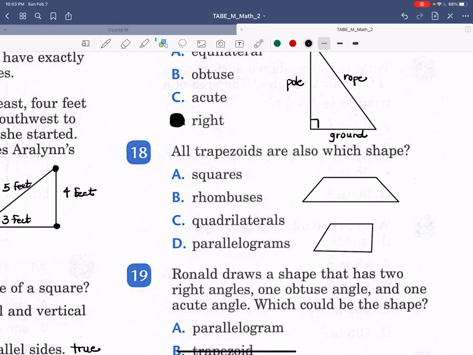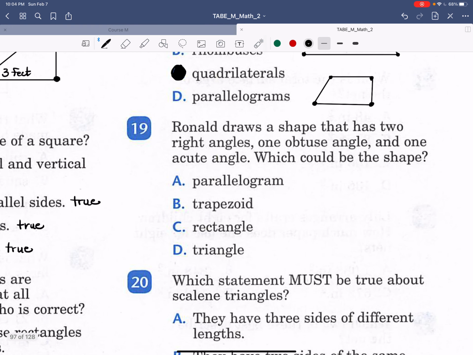Or rhombi is how I learned the plural of that. They are not rhombuses. Quadrilaterals, that means that they have 4 sides. 1, 2, 3, 4. 1, 2, 3, 4. They are all quads. They have 4 sides. Just like all the triangles have 3 sides, all the quadrilaterals have 4 sides.